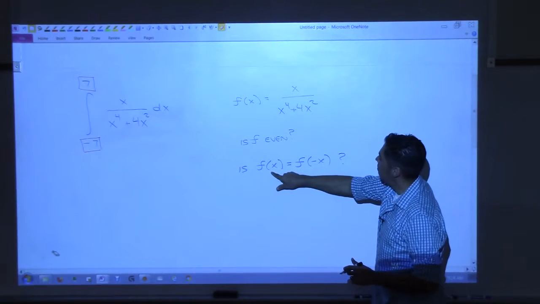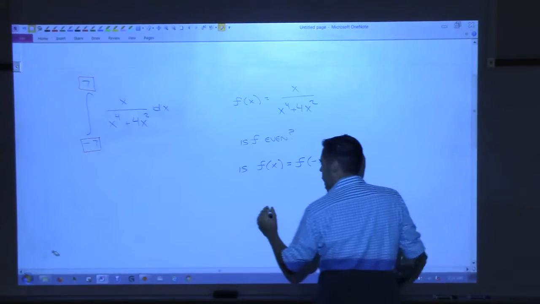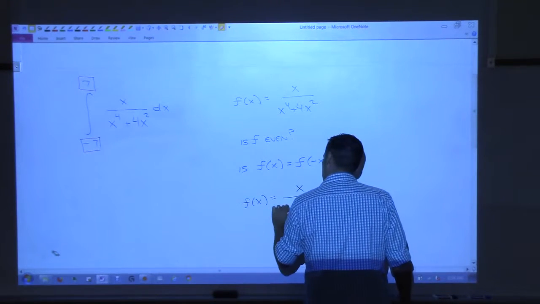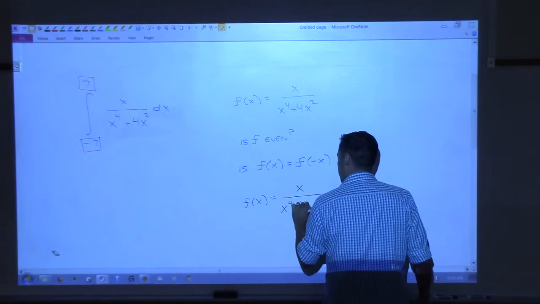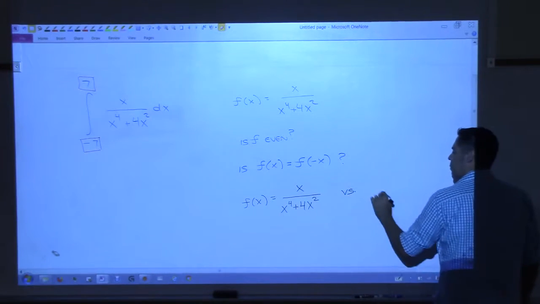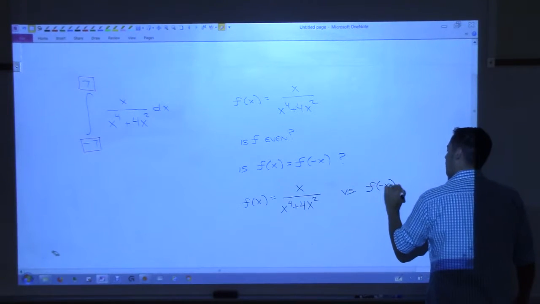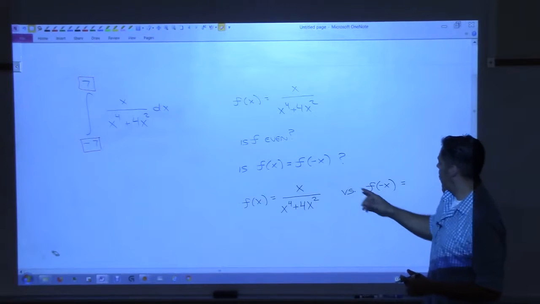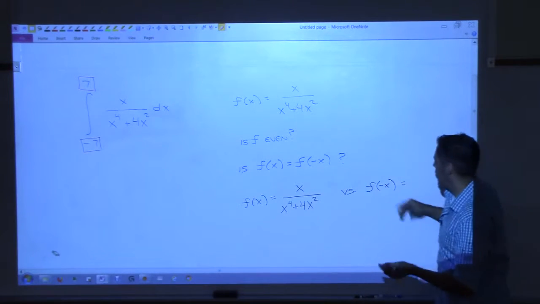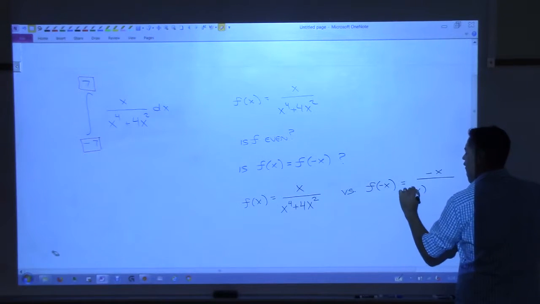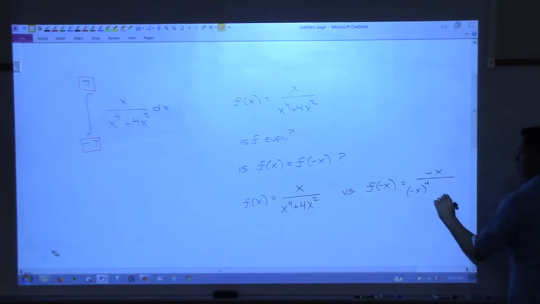What's f of x? f of x is x over x to the 4th plus 4x squared. Versus, we're comparing these, f of negative x. So let's plug negative x into the function. If I replace x with negative x, the numerator is just negative x. Then negative x to the 4th power, and then plus 4 times negative x squared.